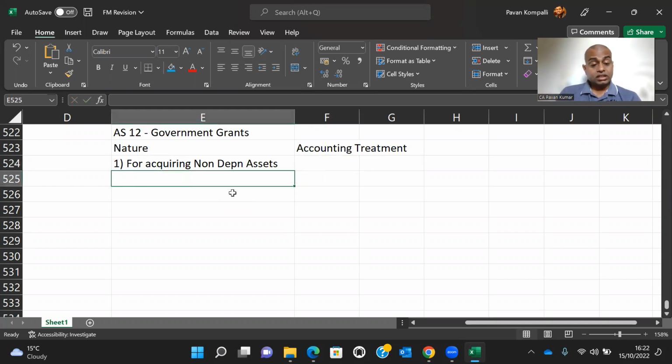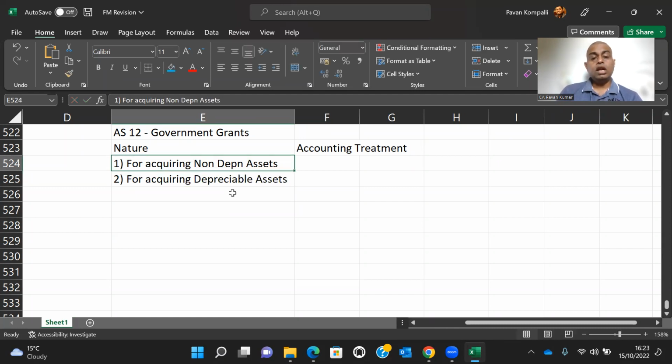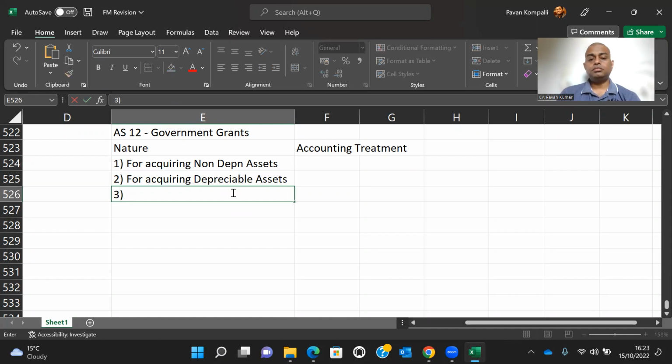Yes. So can I say the government will give grant for acquiring depreciable assets? Non-depreciable assets, depreciable assets. These are specific assets. These are specific grants for acquisition of assets. 1 and 2 are specific grants for acquisition of assets.